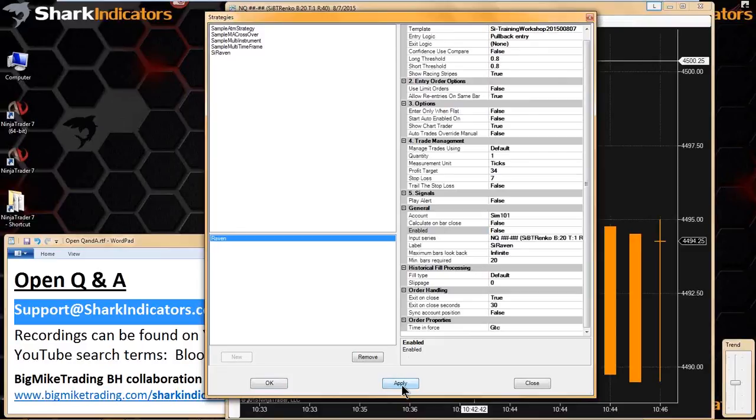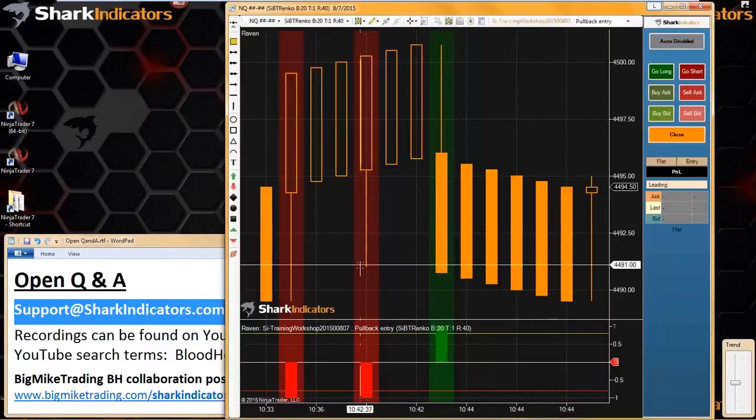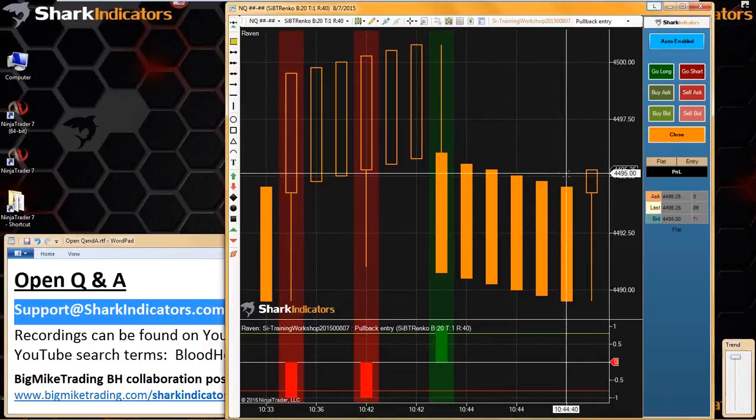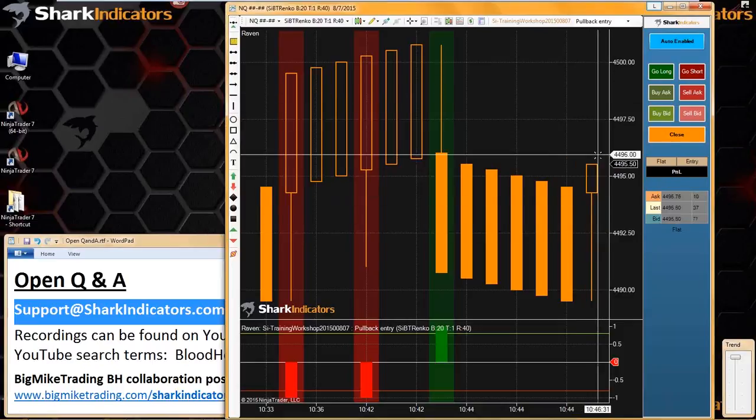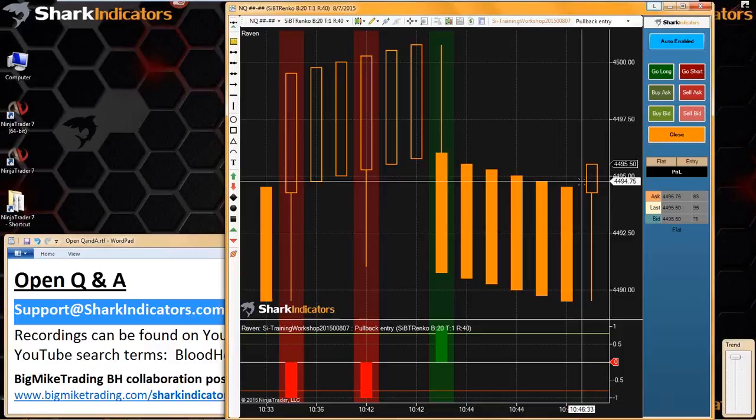Sorry, we don't want to allow re-entry. This should have been left false. So leave that at false and enable this. Okay. Now this will work right. Now Raven will take the first trade and ignore any other signals on the same bar.